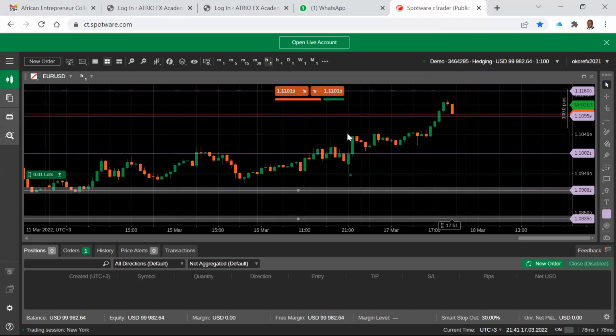Just another practical example. Let's say at 21 hours, I decide to set a limit at 1.1049 at 2100 hours.